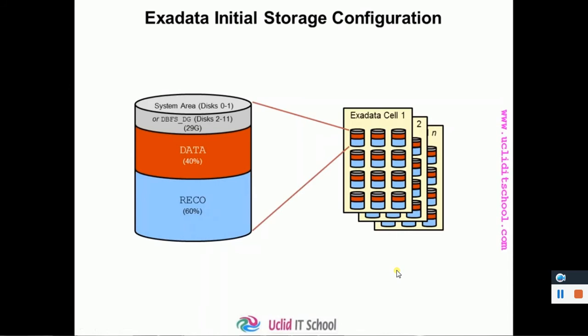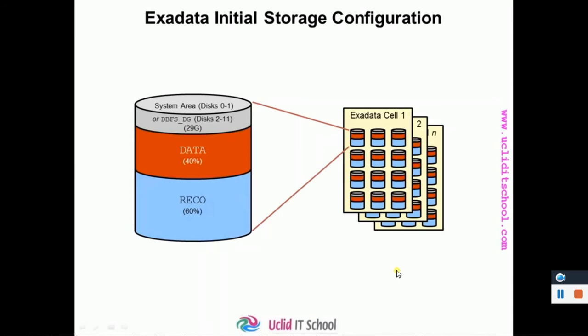For DBFS DG, 29 GB is used. Out of the remaining space, 40% is used for data DG, and 60% is used for the fast recovery area, named as reco.